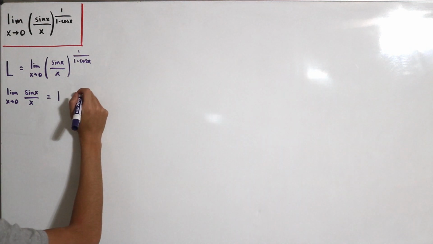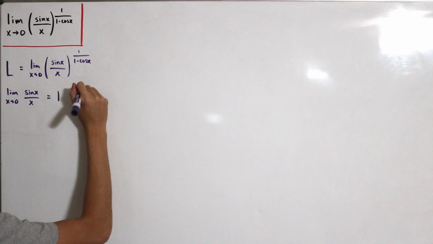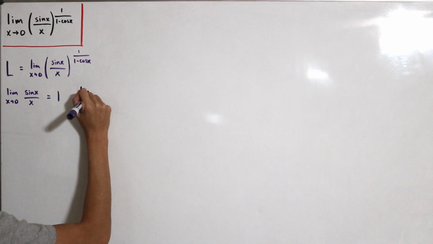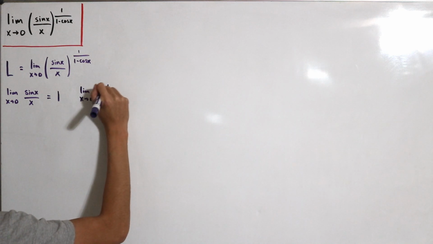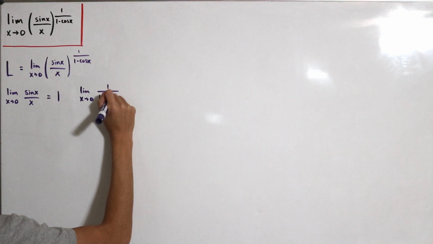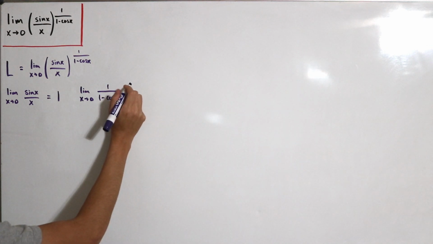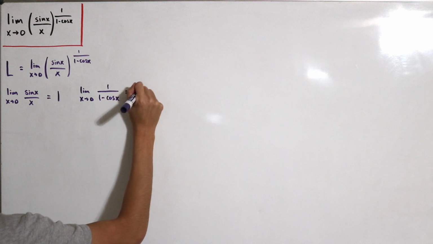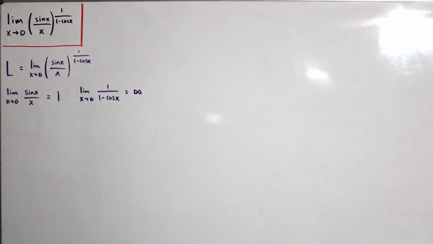Another well-known fact is that the limit as x approaches 0 of 1 divided by 1 minus cosine of x approaches infinity.